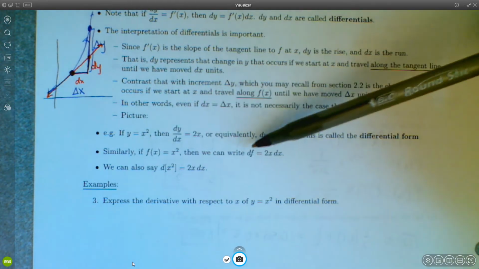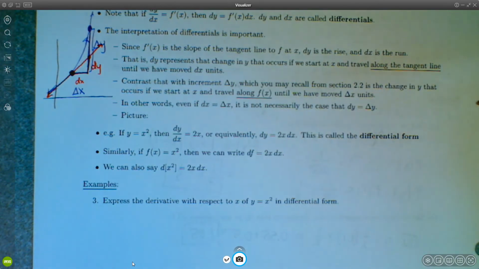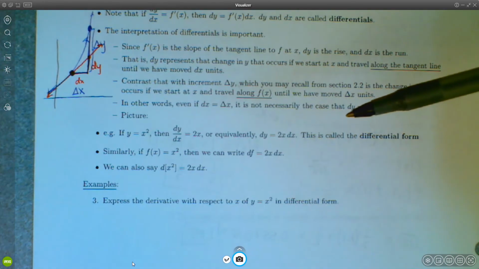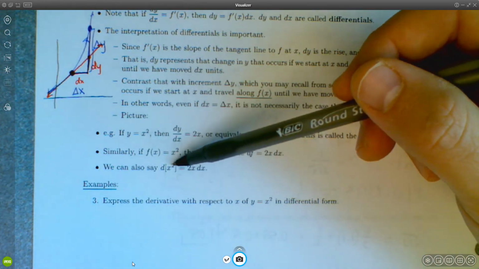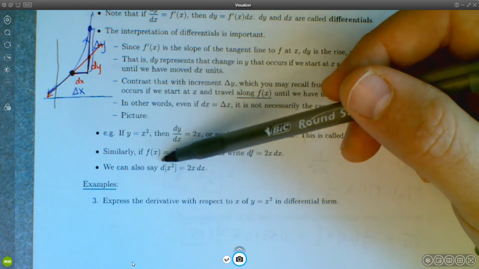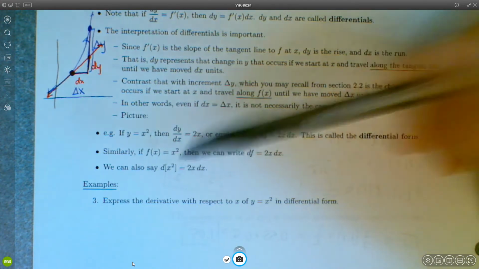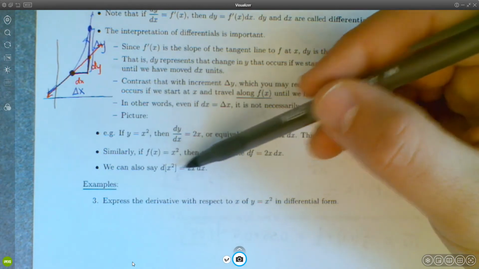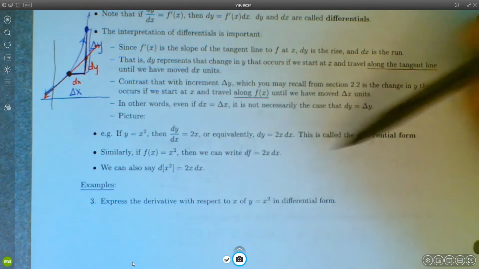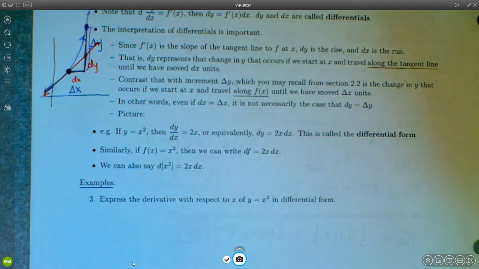Or equivalently, we could just say df equals 2x dx, right? Or if you just had x squared and you wanted to differentiate with respect to x, then you could say d/dx of x squared equals 2x. Or equivalently, you could say d of x squared equals 2x dx, right? So these are all called the differential forms.